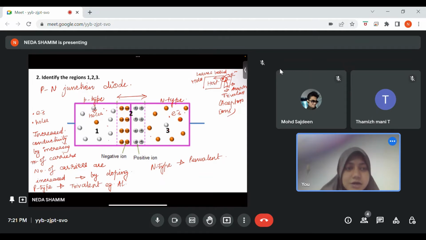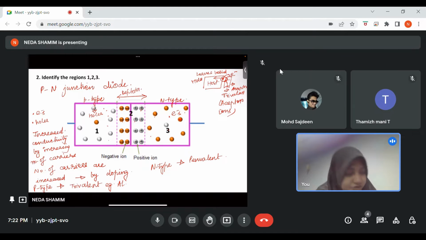So in this movement, what does it leave behind? It will leave behind the negative ions and the positive ions. If electrons are going from here to here, it will leave behind positive ions, and holes going from here to here will leave behind negative ions. So a region will be formed which will be depleted of what?